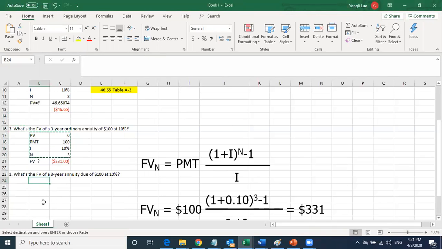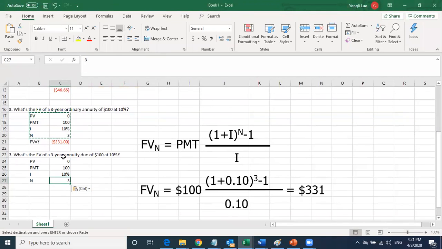The present value is 0, the payment is 100, the interest is 10%, and it's 3 years. Everything is the same. The only thing is that the $100 is paid at the beginning of each time period.